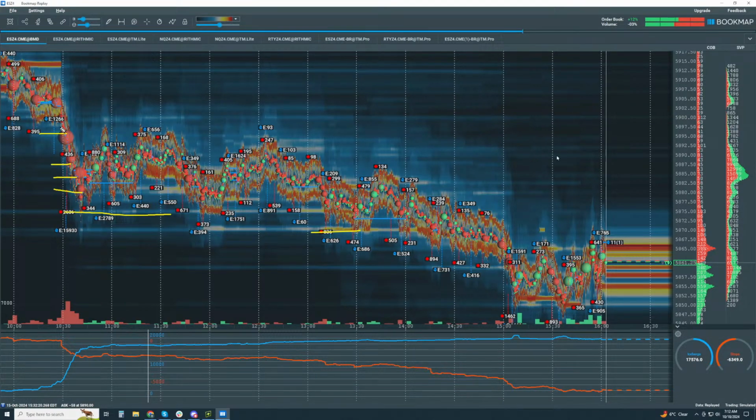Okay, but we're looking for lots of buyers, and you can see even the icebergs in these areas, the blue lines in here, and it is the iceberg transactions here that we're looking at.